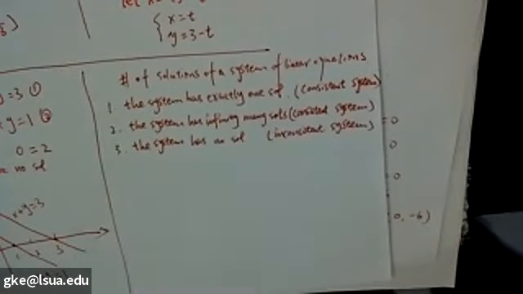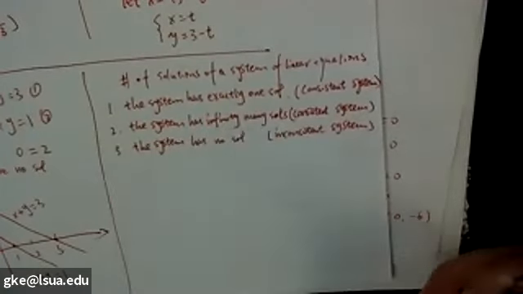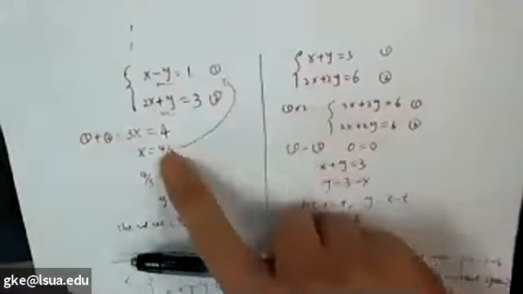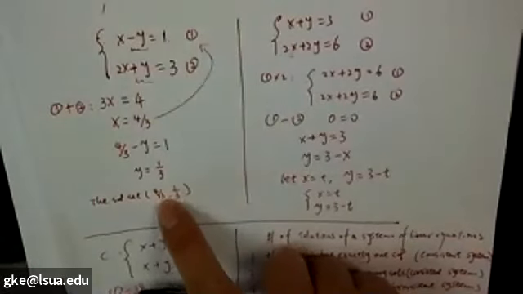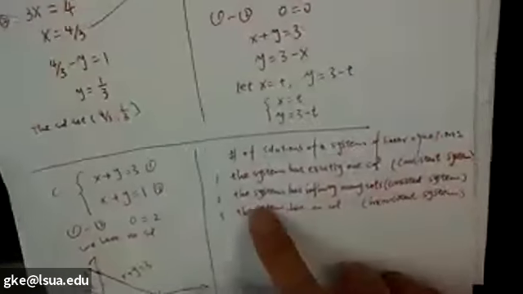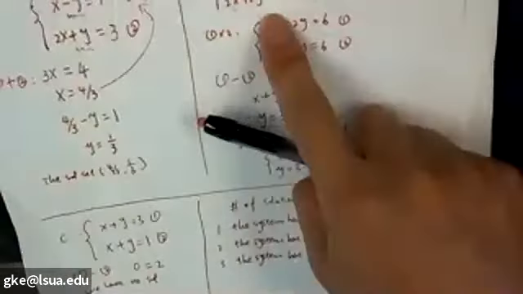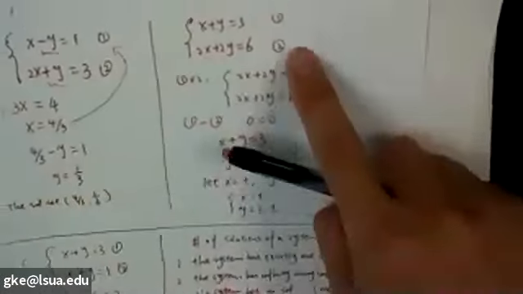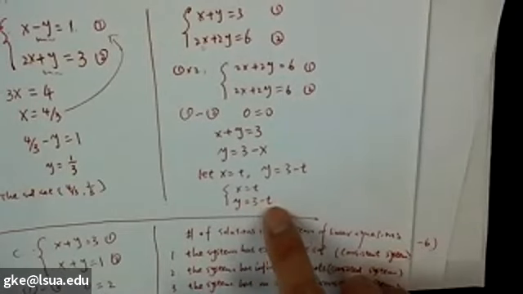Okay. And basically we'll draw some conclusions from our previous examples. The first one, the system has exactly one solution, represents this equation system. We have only one solution here, right? The second one is the system has infinitely many solutions. That means the second example, which gave us the solution x equals t, y equals 3 minus t.